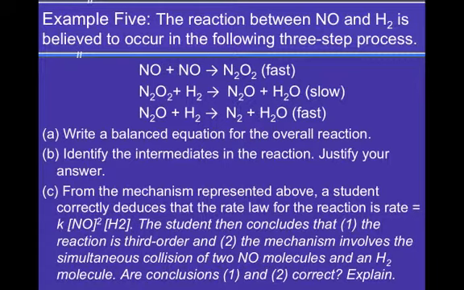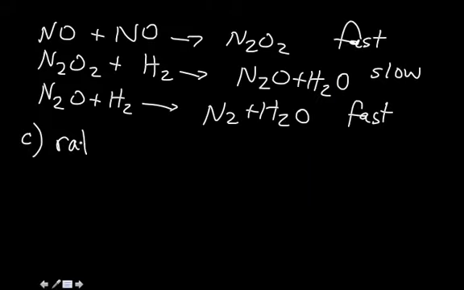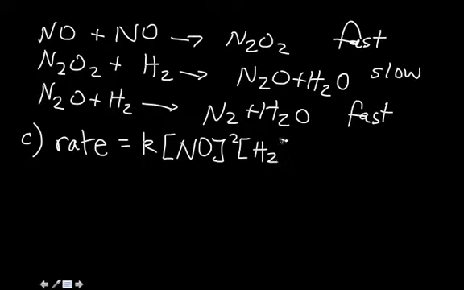And the question is, are conclusions 1 and 2 both correct? And explain your answer. Okay, so in the information of the problem, they tell us that the correct conclusion is that NO squared times H2 is the rate law. That's the correct rate law for this reaction.